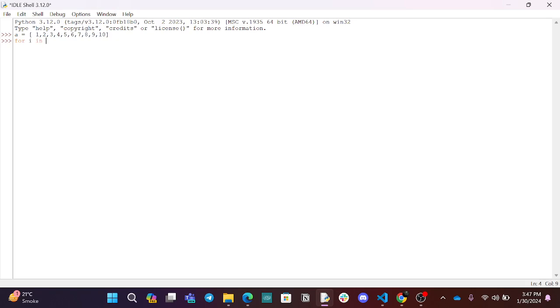For i, j in enumerate: enumerate is a function which gives the indexes and the values both, right? Print i is the index and j is the value. We got indexes with values, right?